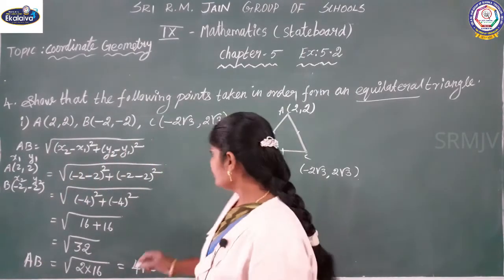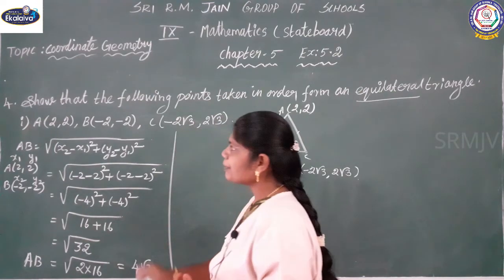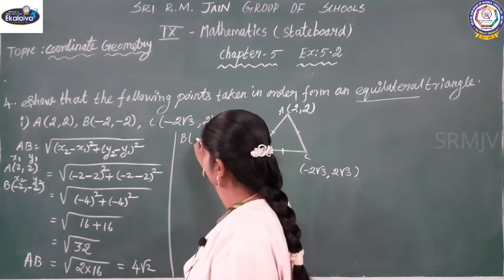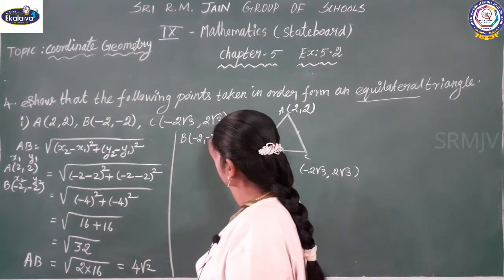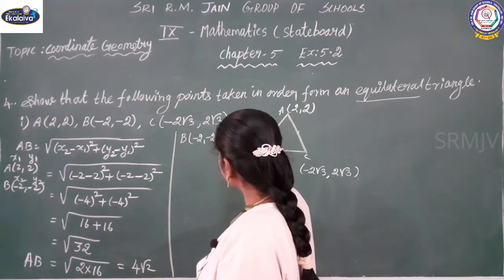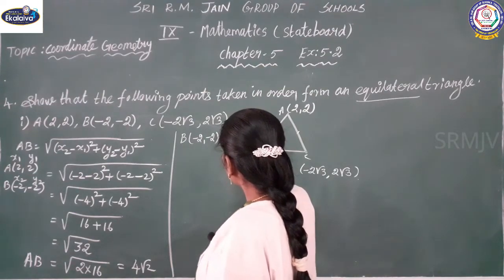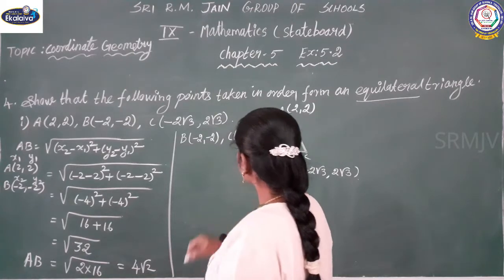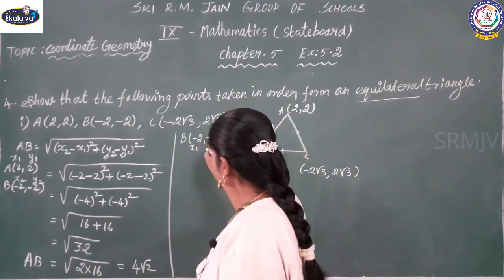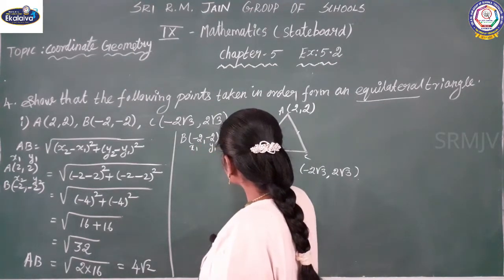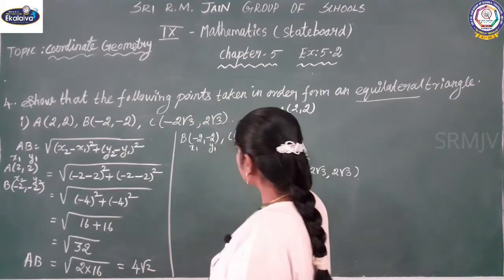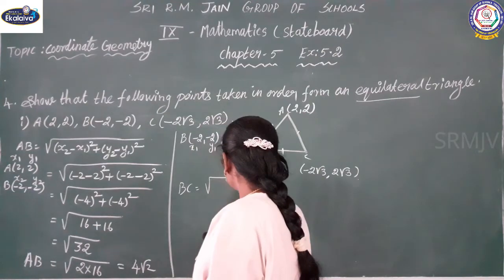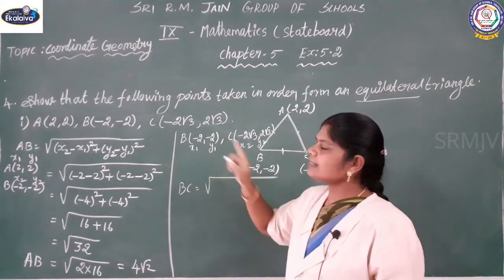Next we are going to find the distance of BC. Write the coordinates. B coordinates minus 2 comma minus 2 and C coordinates minus 2 root 3 comma 2 root 3. This is x1, y1, x2, y2. So the distance BC equals root of x2 minus x1.